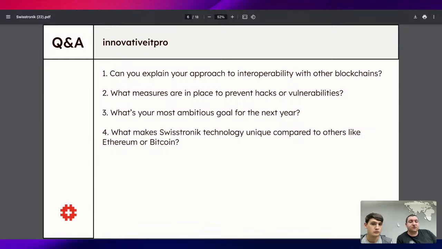What's your most ambitious goal for the next year? Actually, one of the most important things is to actually list and launch the token. Of course, that would be the Q1 most important goal. Also, this is launch of ZK tokens. Maybe we'll finalize it this year, but if we do not, that would be the first months of the upcoming one.